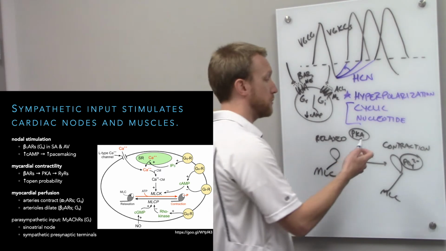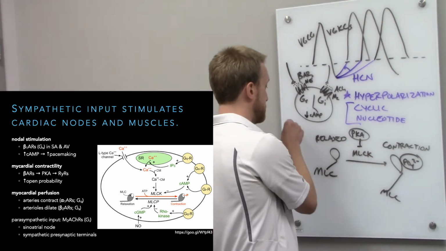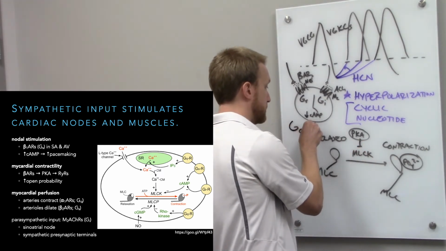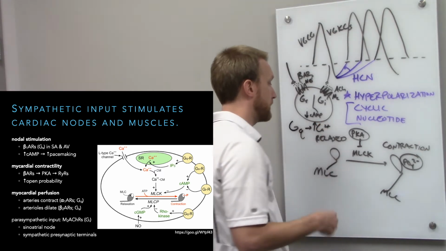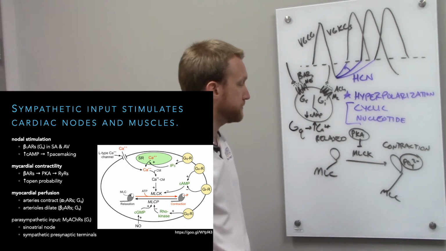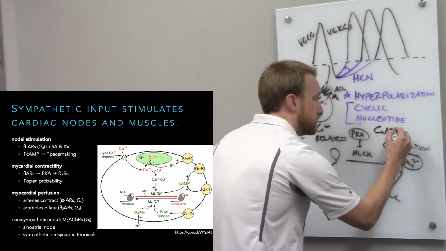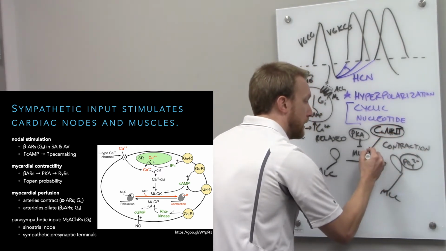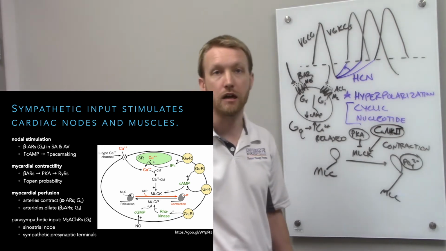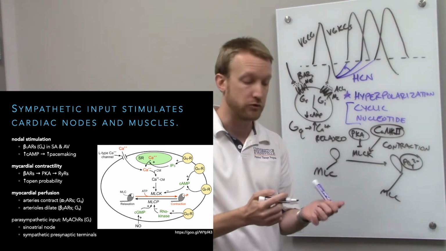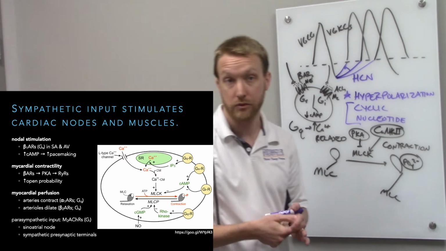Well, of course, we remember that Gq causes an increase in calcium, and so calcium-dependent kinases, like CaM kinase 2, activate myosin light chain kinase. So we stimulate smooth muscle, depending on which receptor it is.